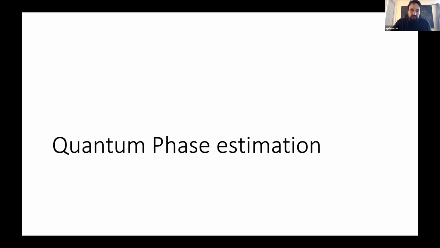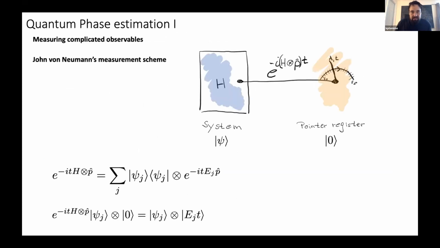Okay. So there's one particular quantum algorithm that we're going to be using quite a bit, and that's the quantum phase estimation algorithm. A simple explanation of what that does is it's effectively just a tool for us to measure complicated observables. From a physics perspective, all that it does is the simulation of a von Neumann measurement. You basically have one system where you define an observable, call it H, say if you want to measure the energy with the Hamiltonian, and there's a joint tensor register called the pointer register.